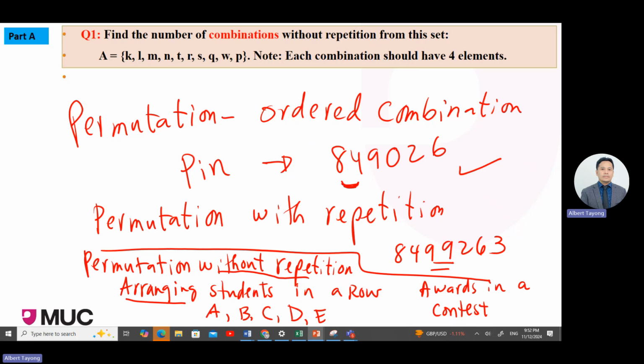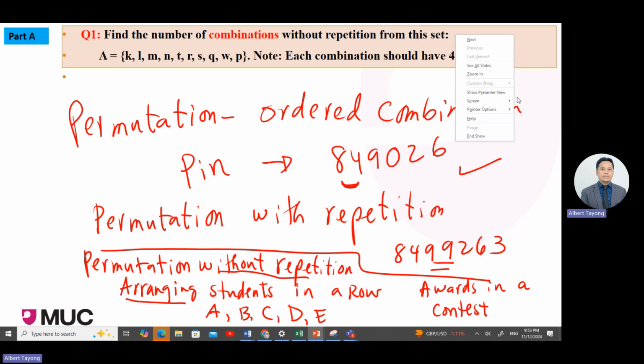It is in order, and you cannot give the first to two people, unless you change the criteria and you have a tie and you give the award to both persons, like second place, depending on your decision. But usually awards in a contest are a permutation without repetition. Why? Because every award is given to one person only.